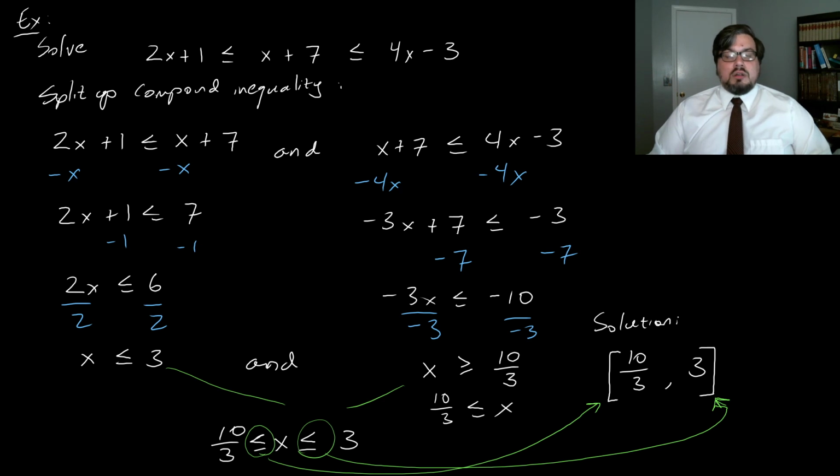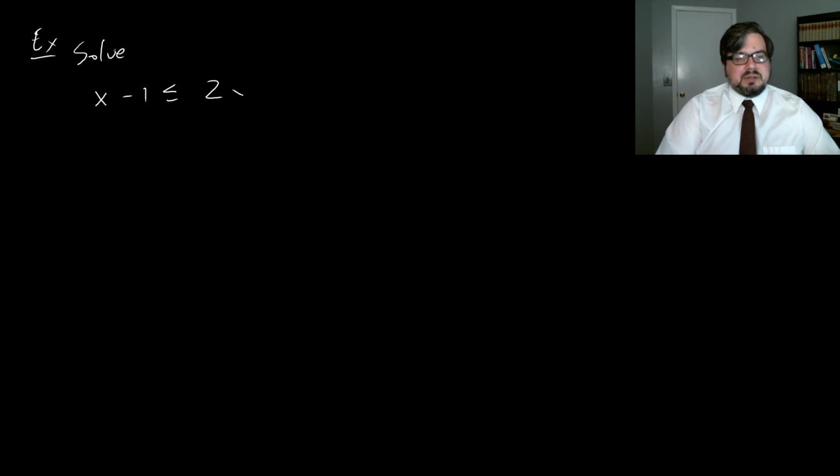Now, not all compound inequalities are going to work out quite this nicely. Let's look at another one. So let's solve x minus 1 is less than or equal to 2x plus 3, which is less than or equal to 6x minus 1.